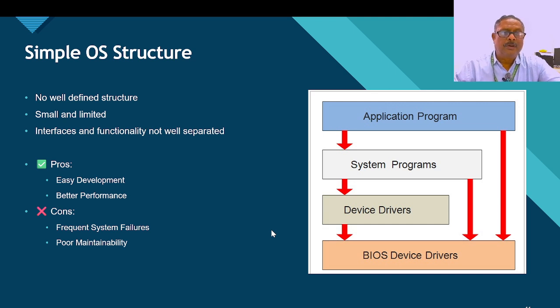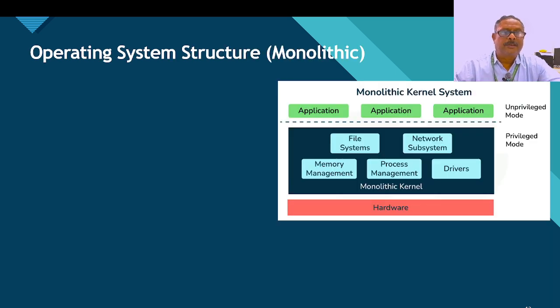To overcome this very crude operating system structure, we shifted to the next one, which we call monolithic. Here what we have is one hardware, on top of that we have one kernel, and then on top of that we have application programs.